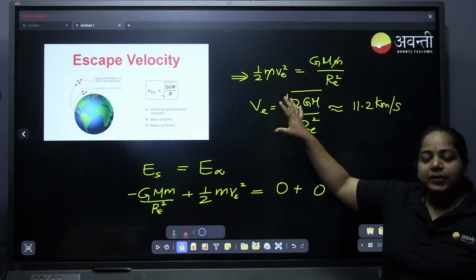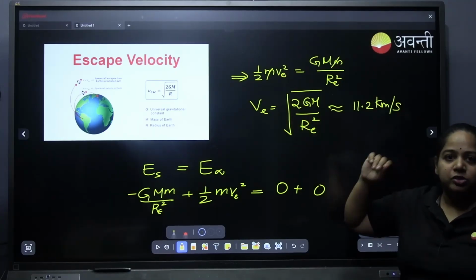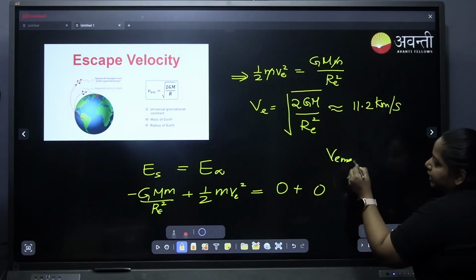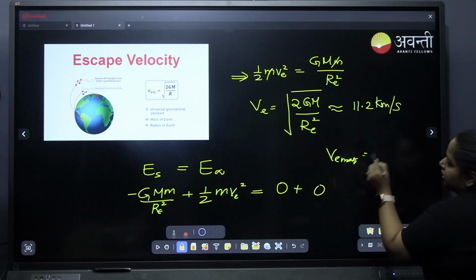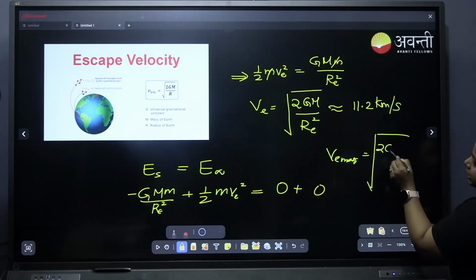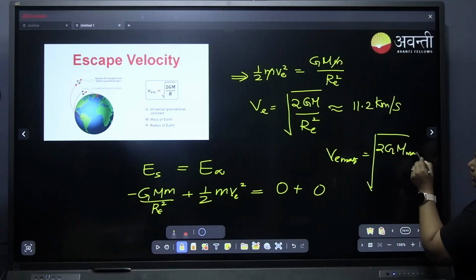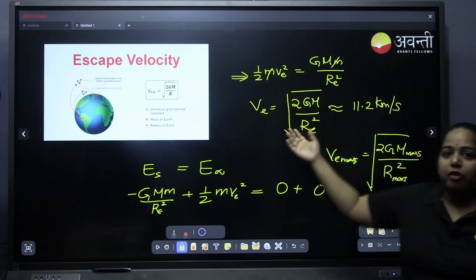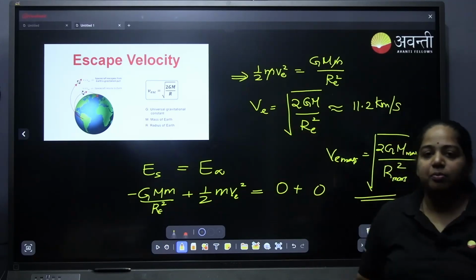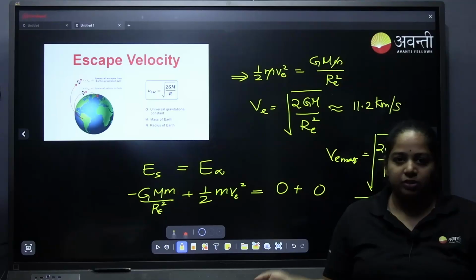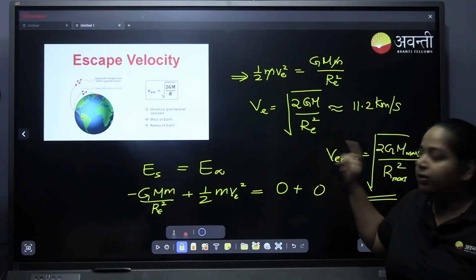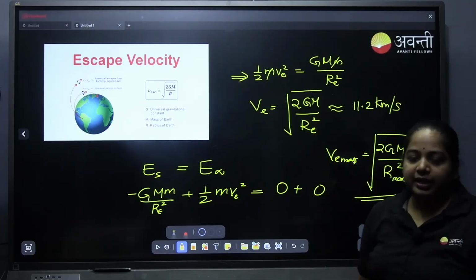Now this same equation you can use for other planets also. Let's say escape velocity for Mars will be equal to root of 2G mass of Mars divided by radius of Mars square. Same formula, you can repeat it for different objects, for moon, for sun, everything, just replace mass and radius.